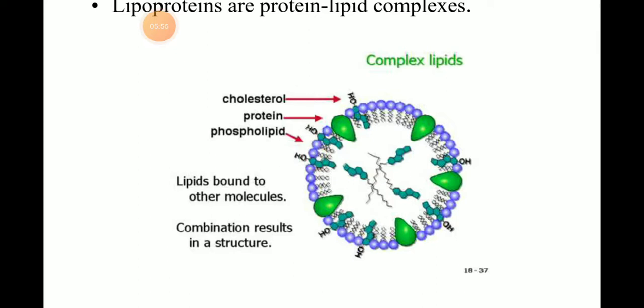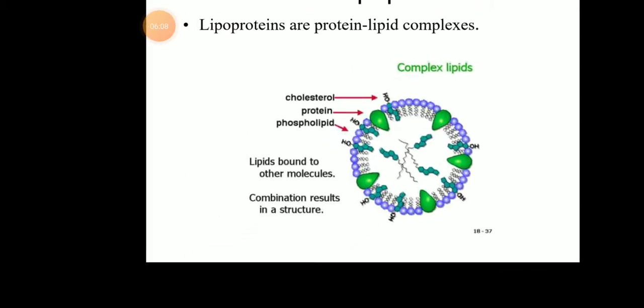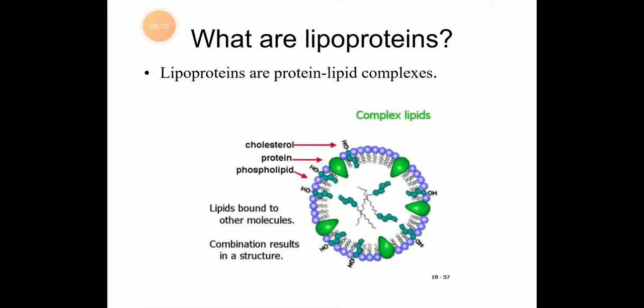As a general rule, larger, less dense lipoproteins have a greater percentage composition of lipids. So let us go back to this slide first, and then we will switch over to the next slide.